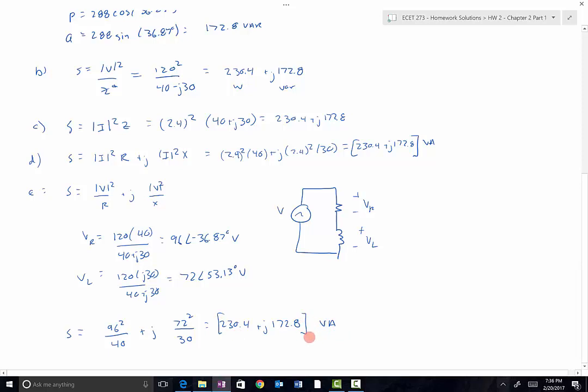So this problem really illustrates that when you're calculating S, you can use the same rules that you already know for power, P, when you're looking at purely resistive circuits, but you have to be careful about making sure that you're using I and V actually associated with the components that you're interested in calculating the apparent power for.